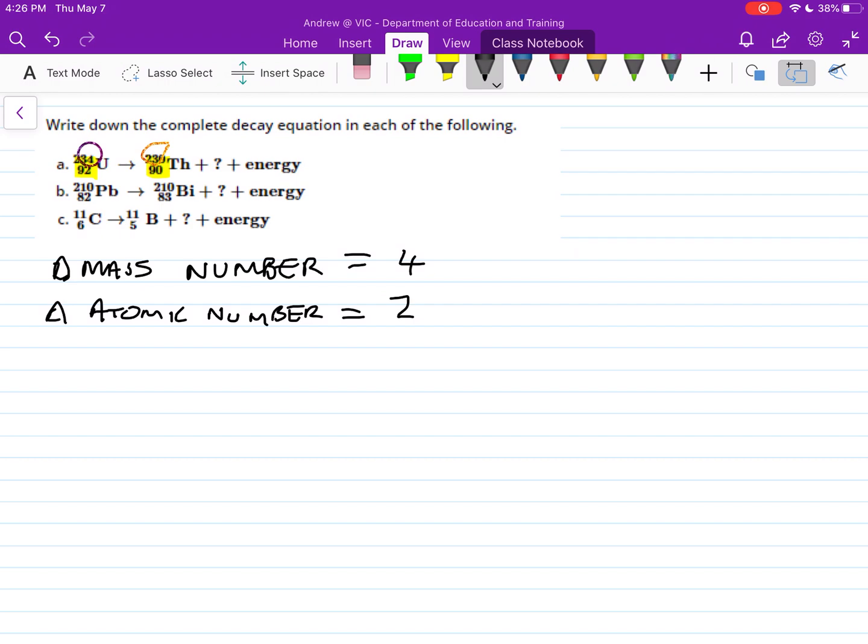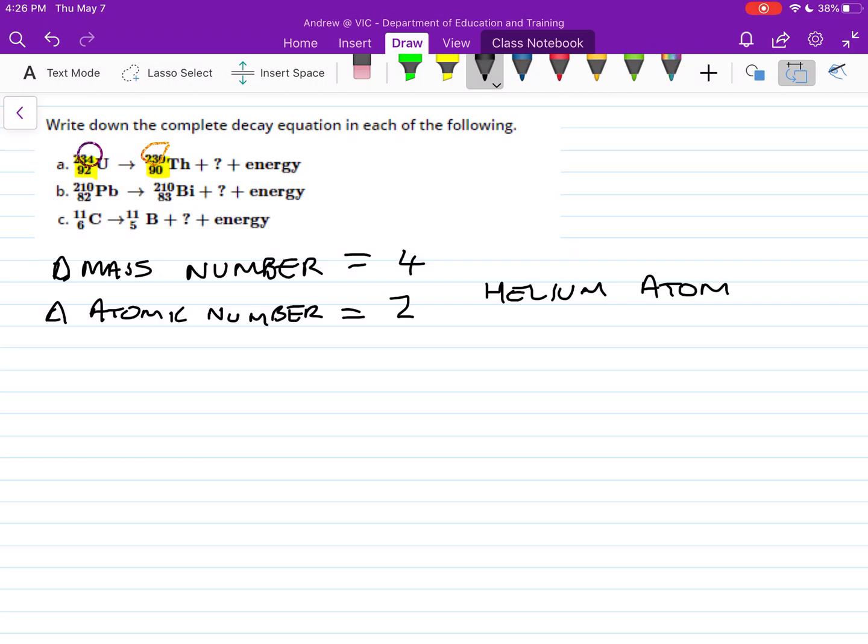So we now need to combine this with the theory we understand. If we've lost 4 particles in total and 2 of them are protons, that means we've lost 2 protons and 2 neutrons. So this is a helium atom that's gone out.